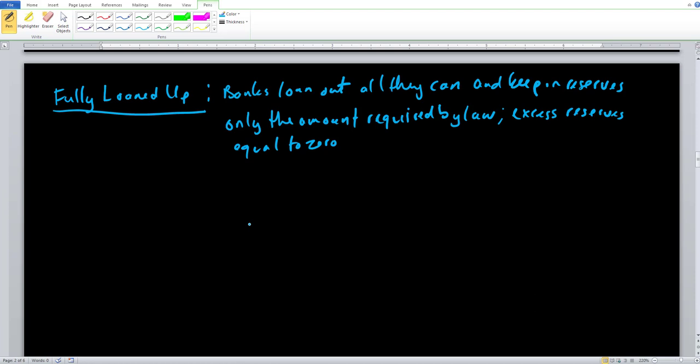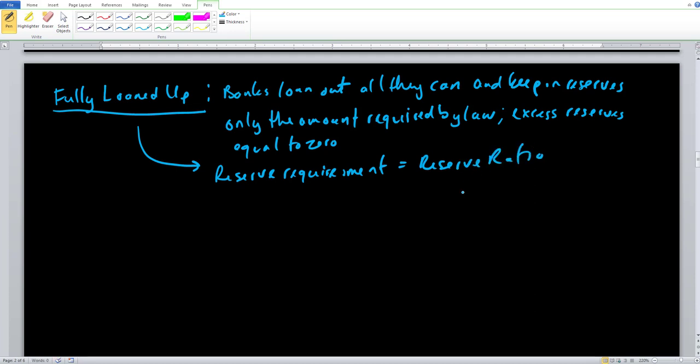When banks are fully loaned up, however, we get the special situation where the reserve requirement is actually equal to the reserve ratio.